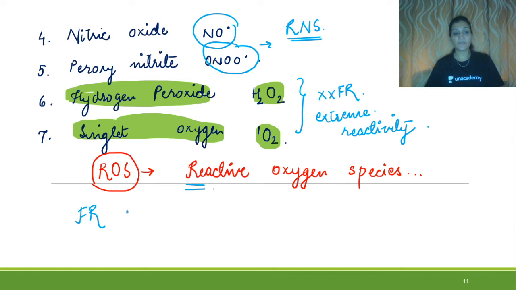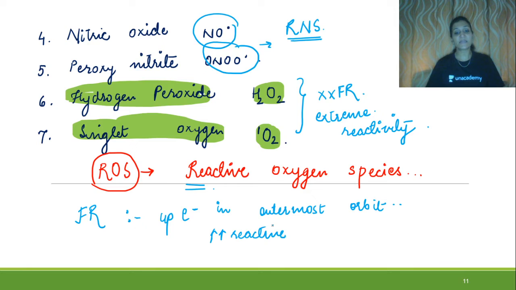So these free radicals contain the unpaired electron in the outermost orbit, and because of that they are highly reactive. That means they can pair with anyone, can pair easily. There the secret of reactivity lies.